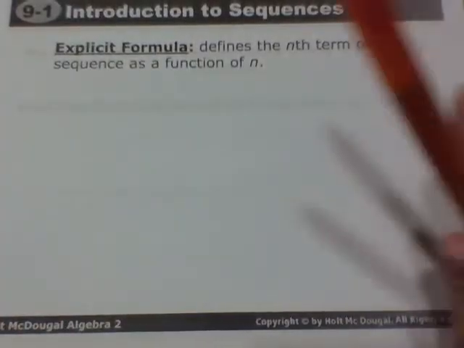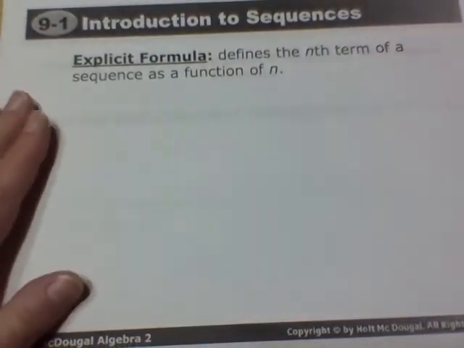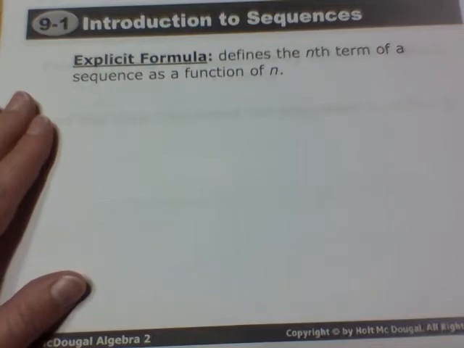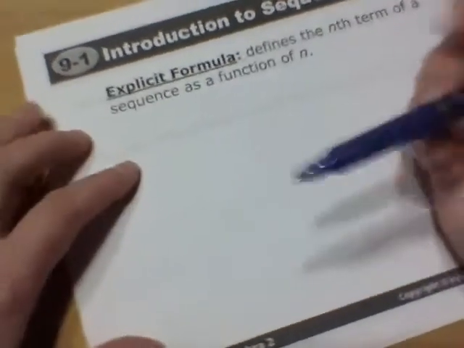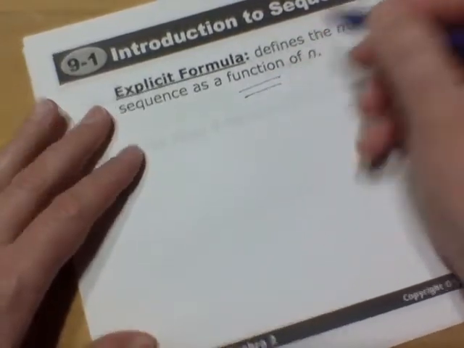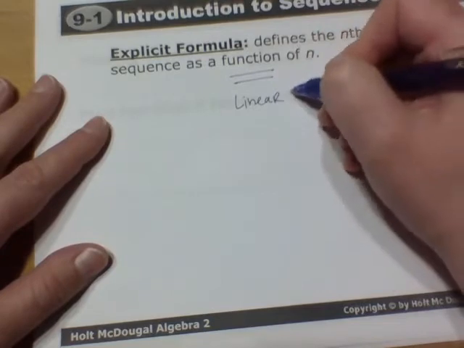All right. Then we have our explicit formula. It defines the nth term, or the one that you're looking for, of a sequence as a function. The key idea here is that you're going to be writing a linear function.